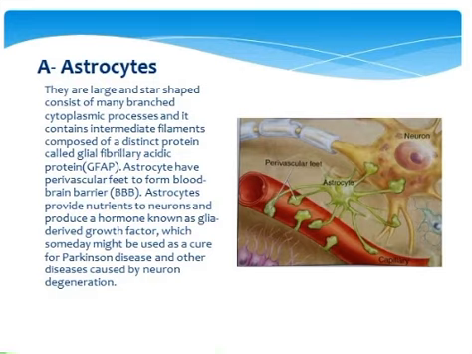Astrocytes also participate in controlling the ionic and chemical environment of a neuron. Astrocytes also bind neurons to capillaries and to the pia mater, the thin connective tissue that covers the central nervous system, and to the blood-brain barrier.